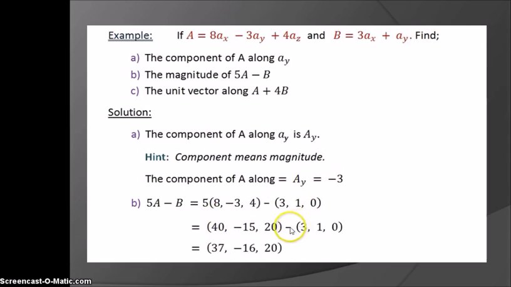We now perform our subtraction operation, which is 40 minus 3, 37, -15 minus 1, -16, 20 minus 0 is 20, and that would be 5a minus b.